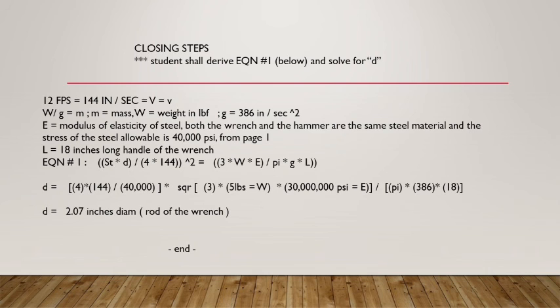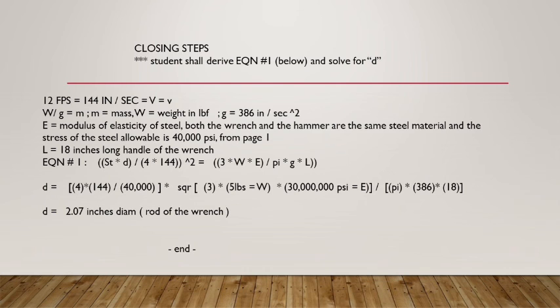Because maybe you cannot reduce the velocity of the hammer, maybe you cannot reduce the mass of the hammer, but also you cannot increase the diameter of the wrench. So you kind of face this dilemma and you have to come up with your own conclusion as a professional engineer.